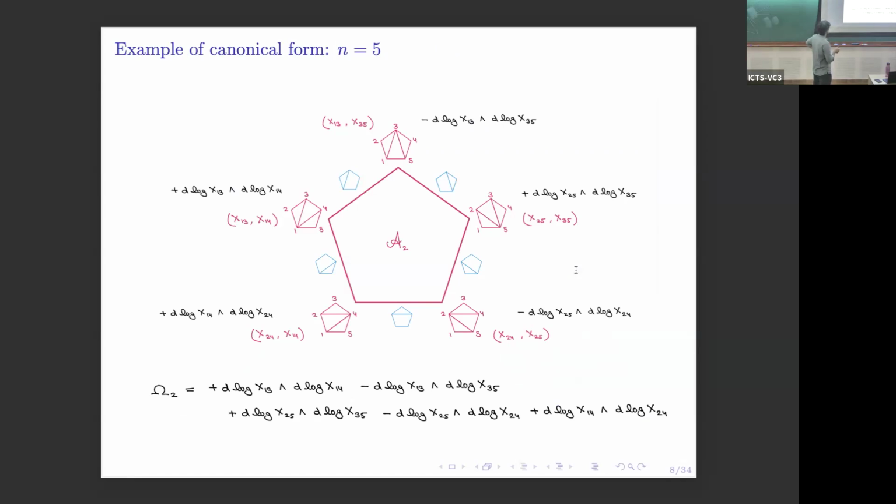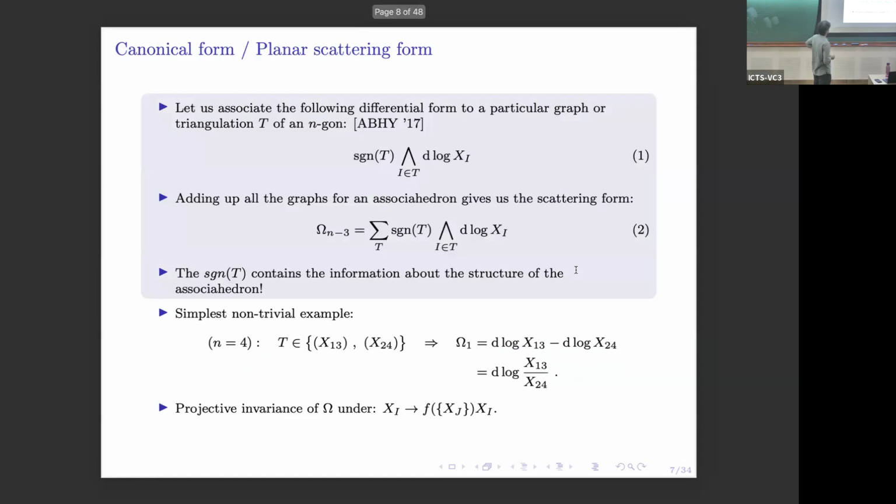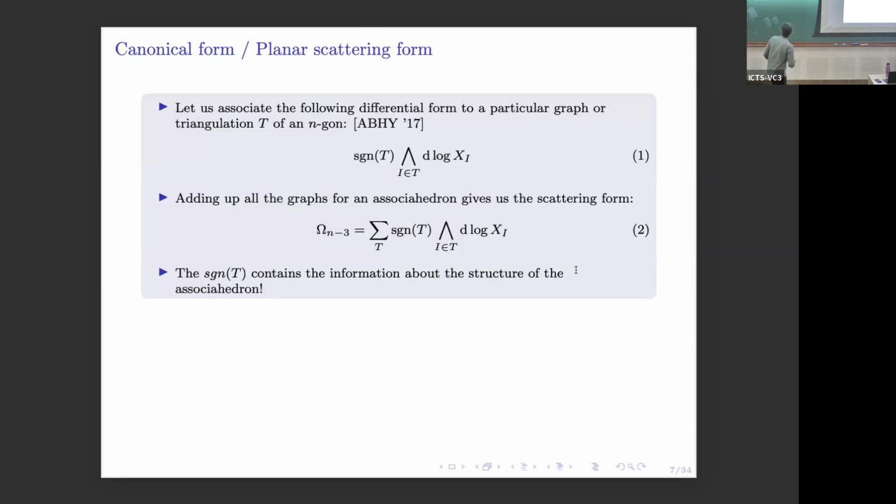From here you get here by flipping a single chord again, so you get another flipped sign, and so on and so forth. So why do we do this? The idea is that you want to have a differential form that captures the structure of the associahedron. The associahedron is a relation between the triangulations, meaning that it captures all the information about these mutations in it.